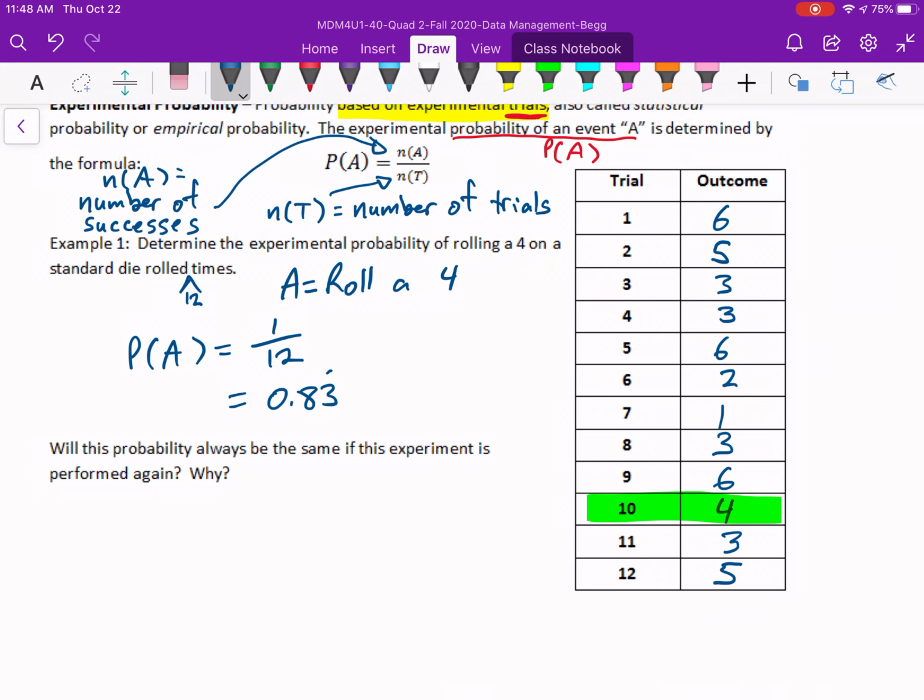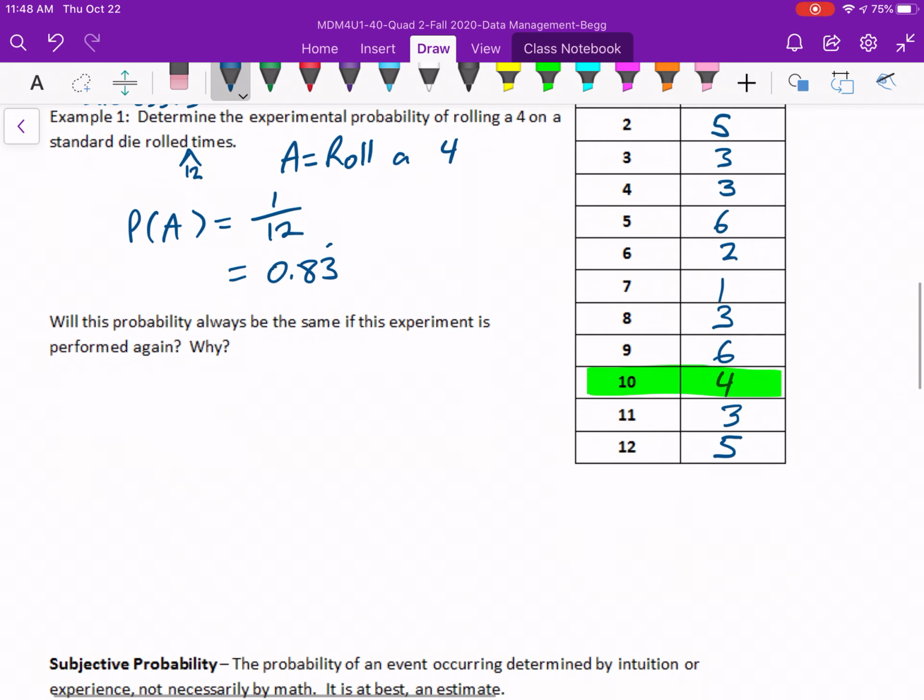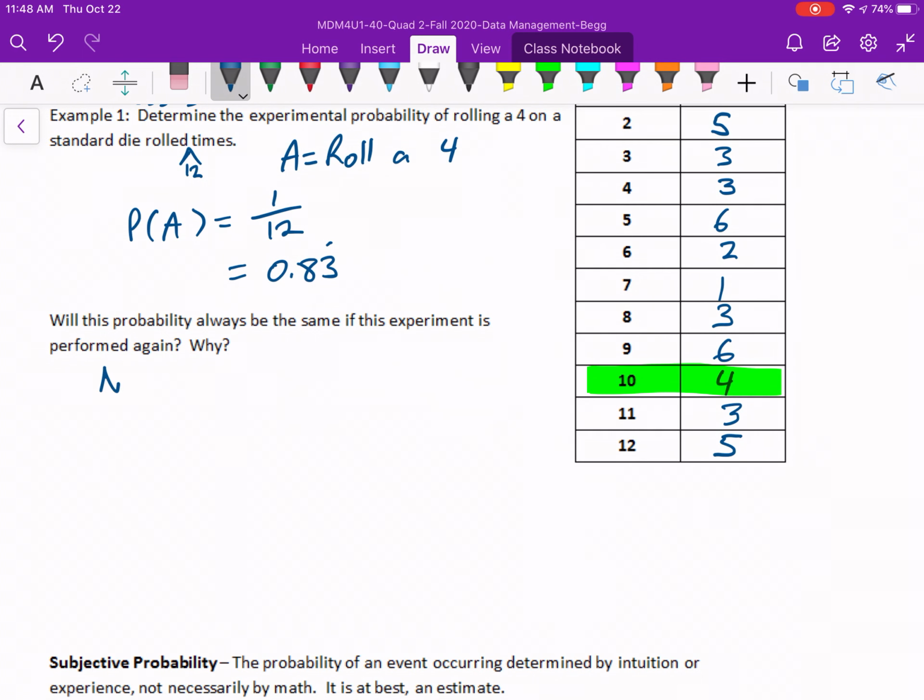Will this probability always be the same if the experiment's performed again? I would think not. I don't expect to always get 1 out of 12. And that's because probability involves a certain amount of randomness.